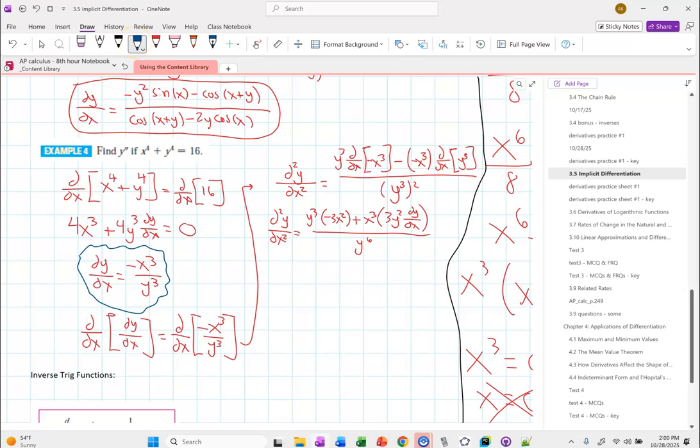Now, remember how I put a little highlight around this thing? We've got to drop that answer back in, make a substitution to get rid of the dy dx in my second derivative. Is everybody okay with that?